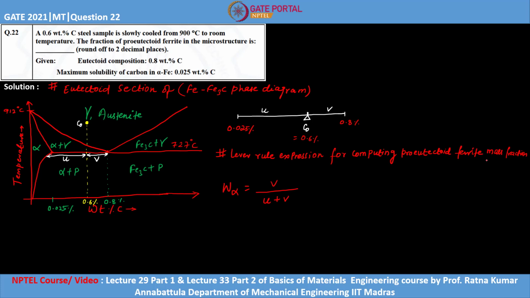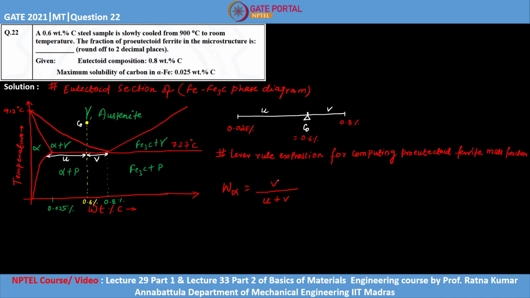Similarly, if you want to calculate the austenite, which is there just above the eutectoid temperature, it will be U upon U plus V, but that is not asked here. So we have to calculate W alpha only. We have all the values given here.